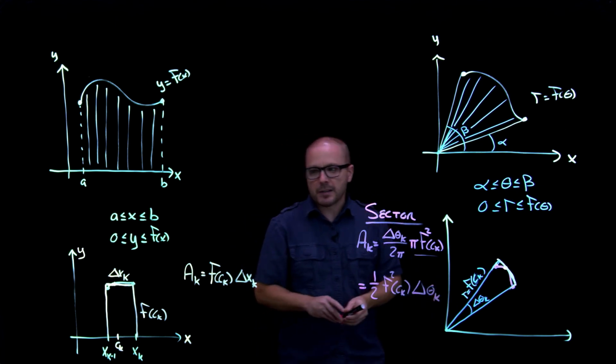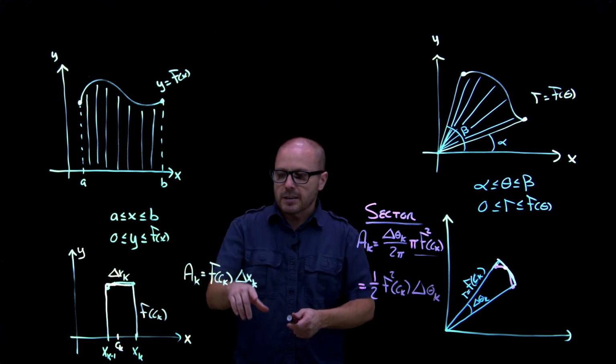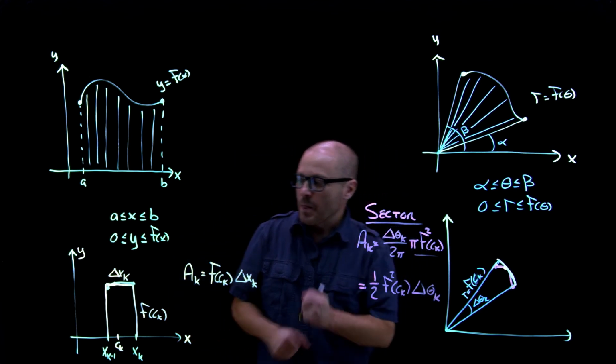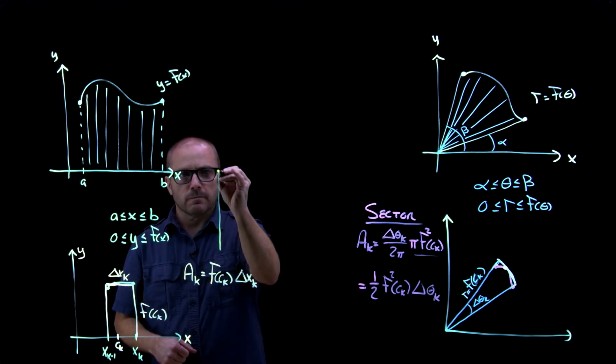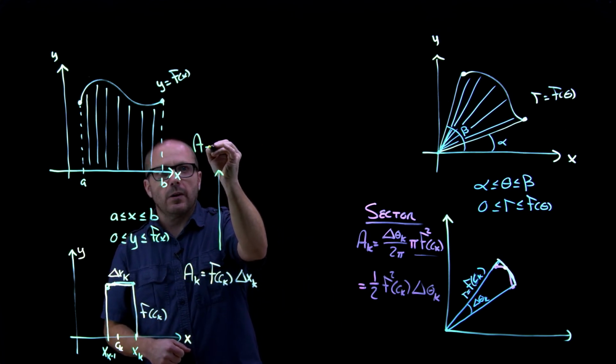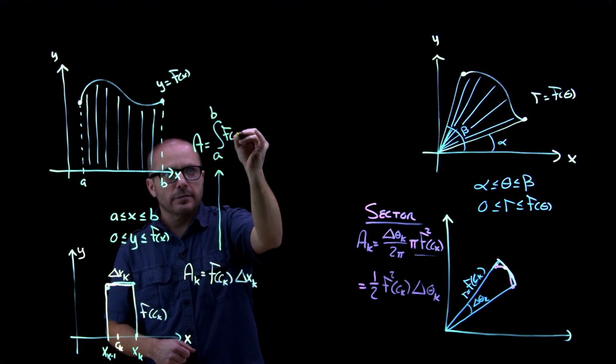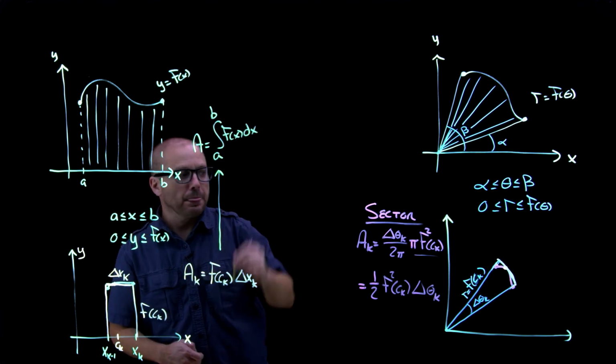OK, so what does that mean in terms of integral? So when you take this Riemann sum and then you let the norm of the partition go to 0, this area becomes the integral from a to b of f of x dx, right?